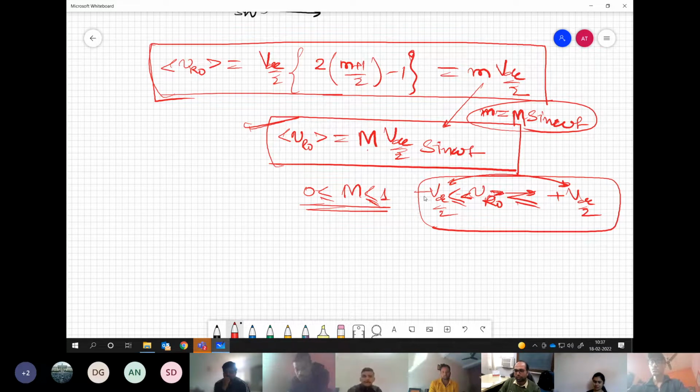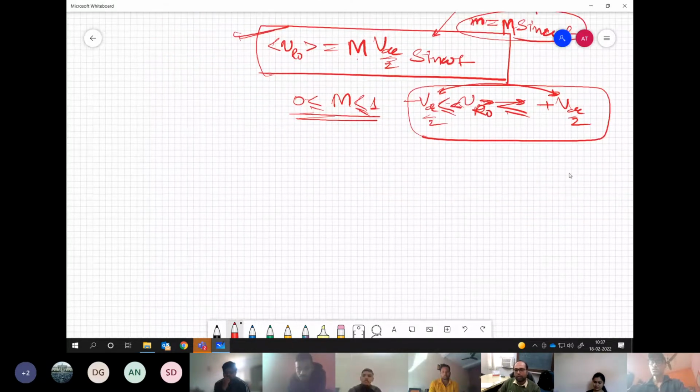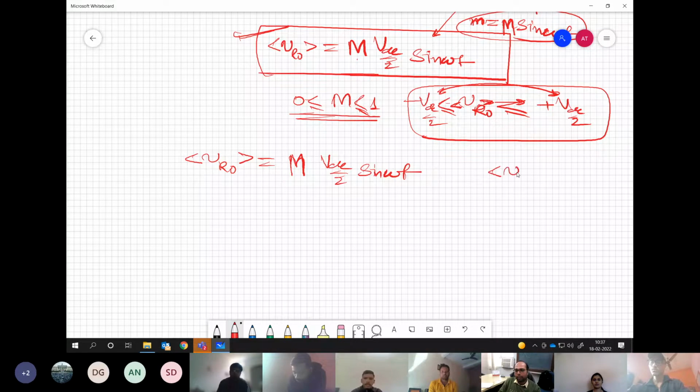Clear. So now you see the definition of modulation index getting more clear over here, in that you are writing VRO equal to, and again when I'm referring to VRO, this is average, so I'm putting the bracket as well, capital M VDC by 2 sine omega t. And we are saying that maximum VRO average is VDC by 2.